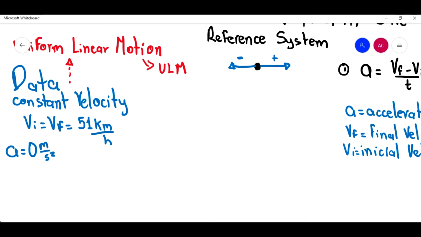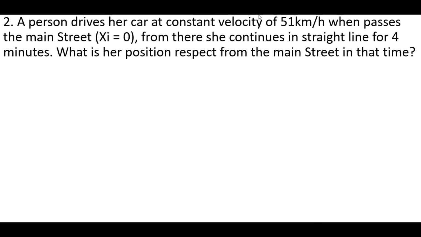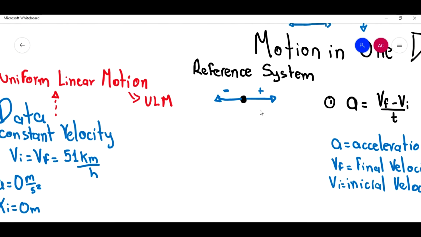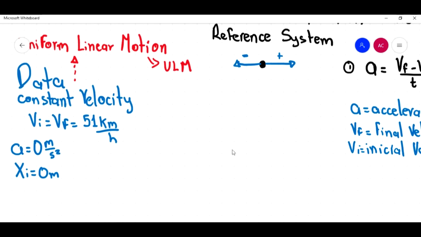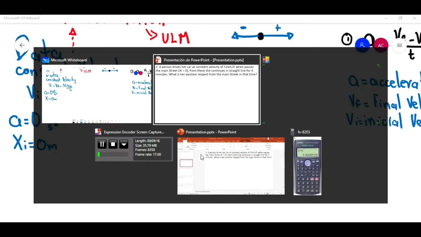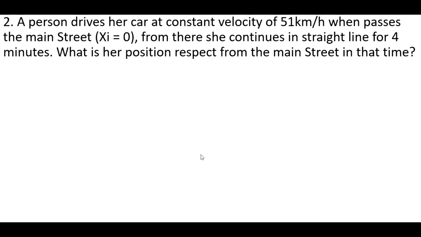And most of the time, guys, the initial position is 0 meters. 99% of the problems that we are going to see here, the initial position is 0. Now in this problem, for example, everything that goes to the right is positive. If the problem does not mention the direction, I recommend that you assume the direction is always positive. So you assume that the motion goes to the right, so we can work with positive values.